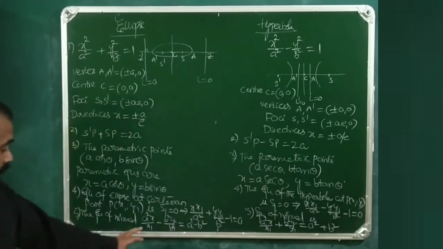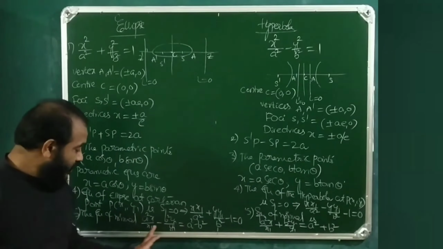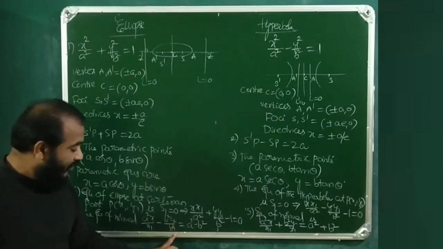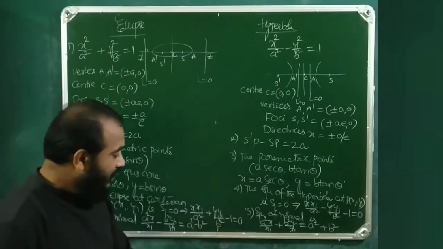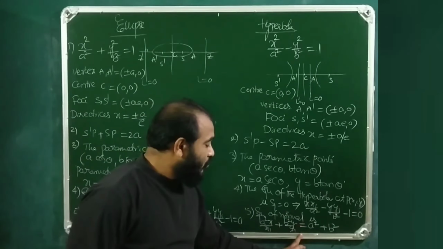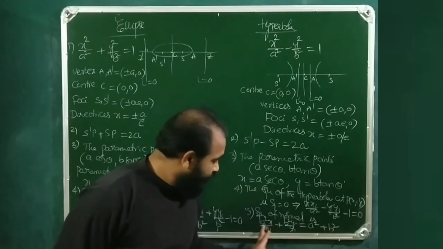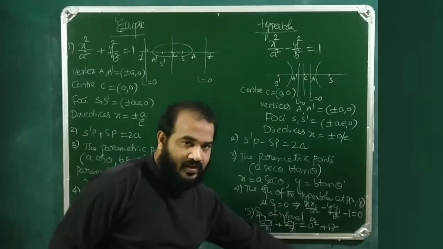Here the equation of normal at the Cartesian point is a square x by x1 minus b square y by y1 is equal to a square plus b square. Everywhere you can see the signs interchanged between the two.